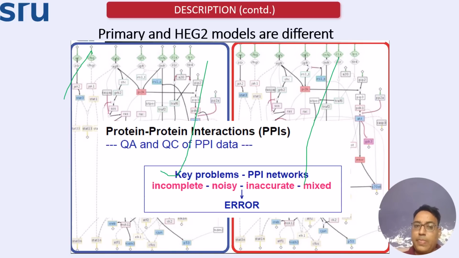So, the quality assessment and quality control of PPI data, protein-protein interactions. See, the key problems of the PPI network: they're incomplete, noisy, inaccurate and mixed. All these protein-protein interaction networks are always incomplete.